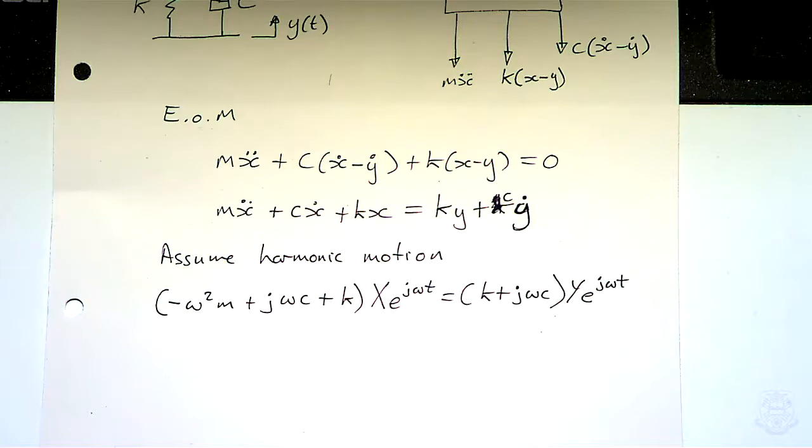So what I've done is I've assumed that x is equal to big X e to the j omega t, and that y is equal to big Y e to the j omega t. Now, if you wanted to, you could include a phase difference.